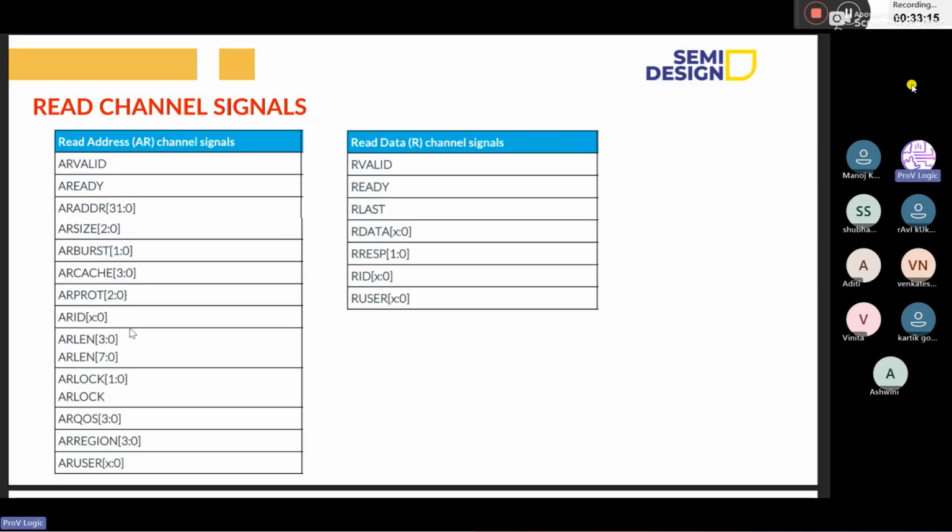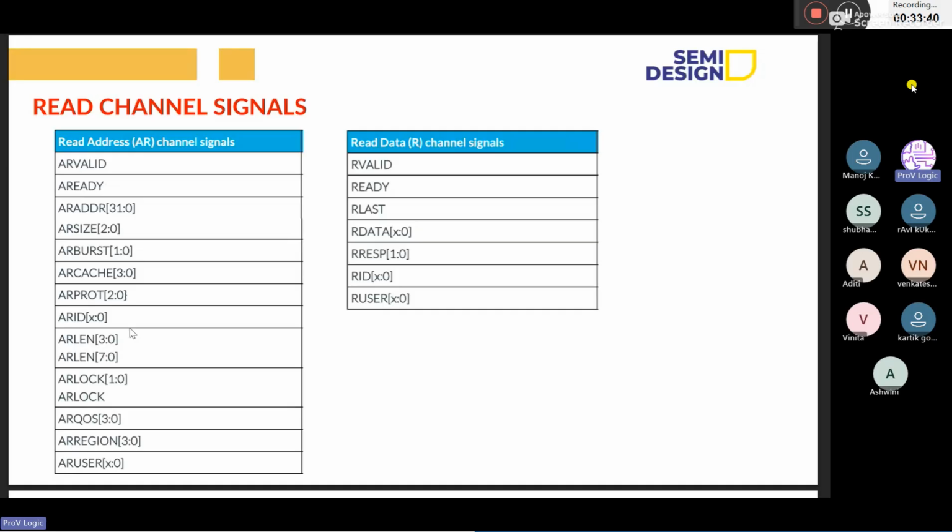Next, the read side. Read address channel. Your valid, your ready, you already know. Your address, your size, your burst type, and cache properties are implemented here. AR protect, AR ID, AR length, AR lock, QoS, region, user.